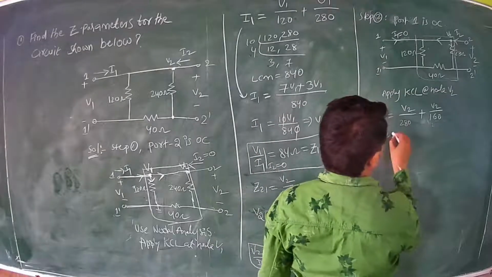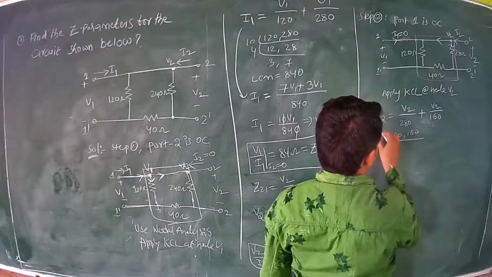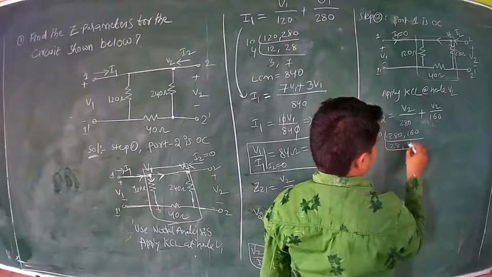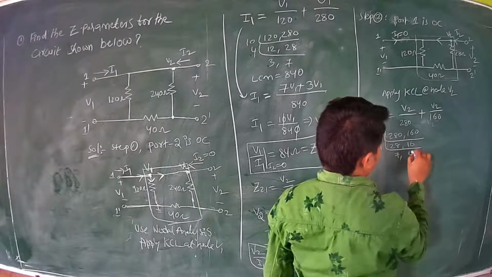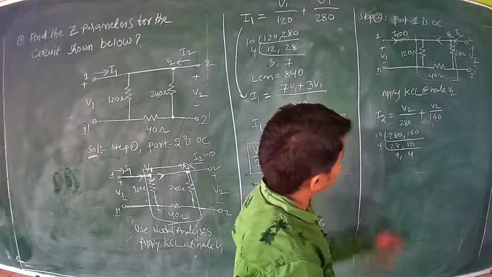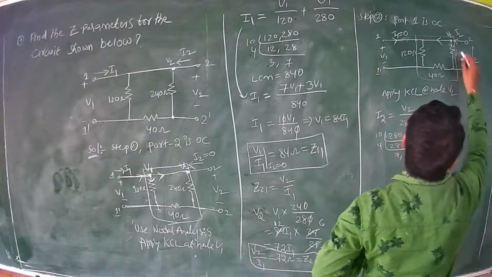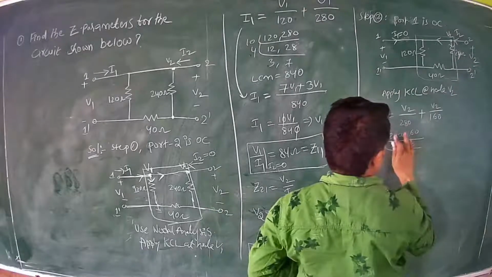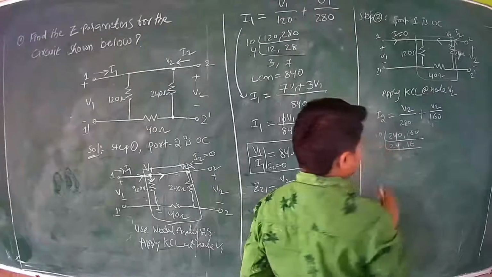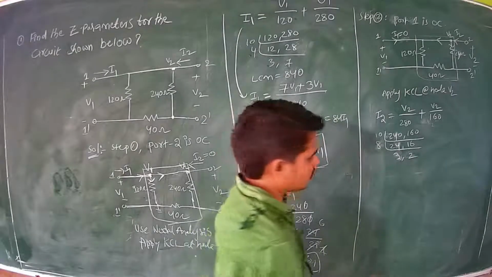Now, what is the LCM of 280 and 160? 4 7s are 28, 4 4s are 16. So 10 into 28 and 10 into 16. Now 8 3s are 24, 8 2s are 16.